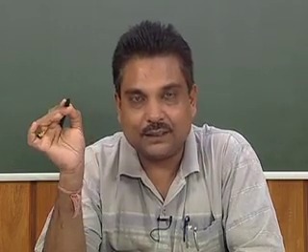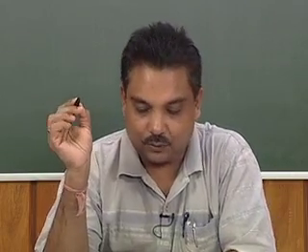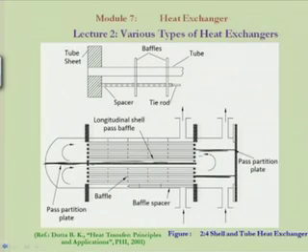Now, there are some other points. We have seen the partition plates and the number of passes, and now we are going to go for the nozzles. Nozzles are also very important in shell and tube heat exchangers. These are the nozzles.